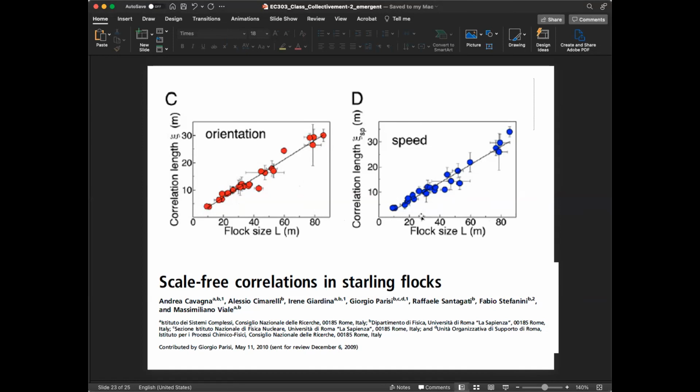From this what they infer is the following: the correlations do not depend on the scale of the flock. As the flock size increases, the correlation length is increasing. This is a sign that there's really no scale to the system. So this is the main argument in this paper.